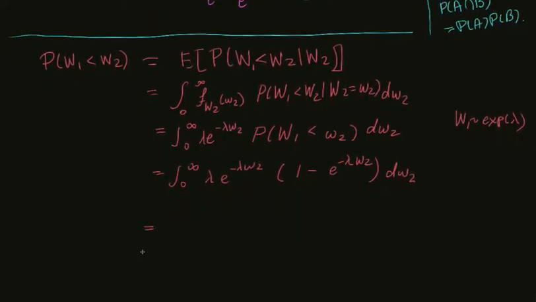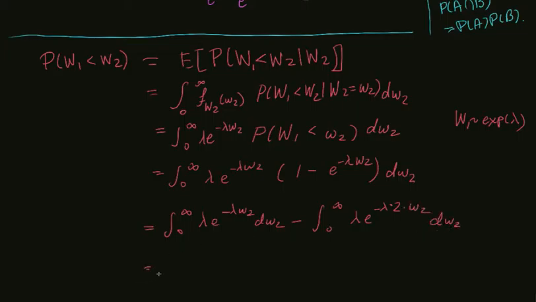So now what do we have? I have the integral from 0 to infinity of lambda e to the minus lambda W2, dW2, minus the integral from 0 to infinity of lambda e to the minus lambda multiplied by 2 multiplied by W2, dW2.